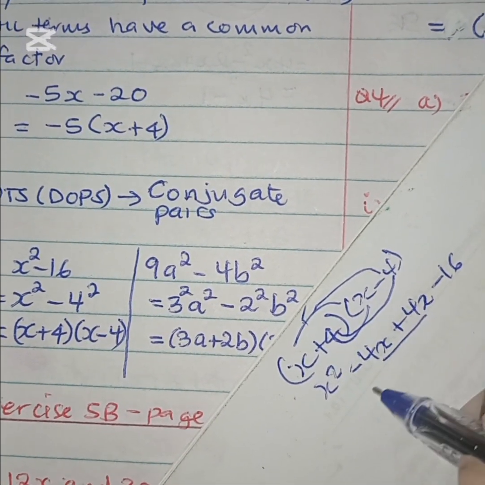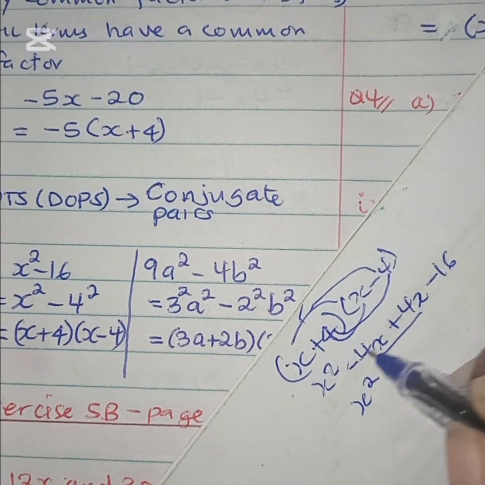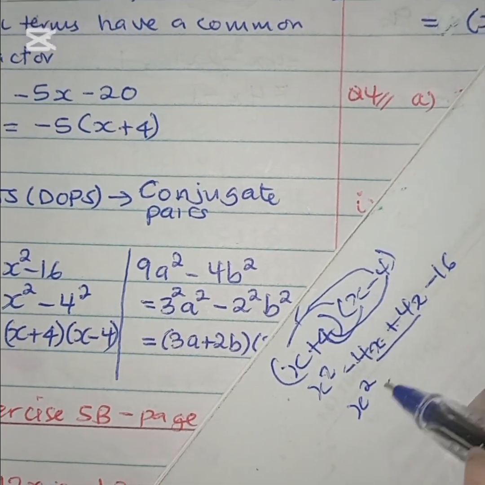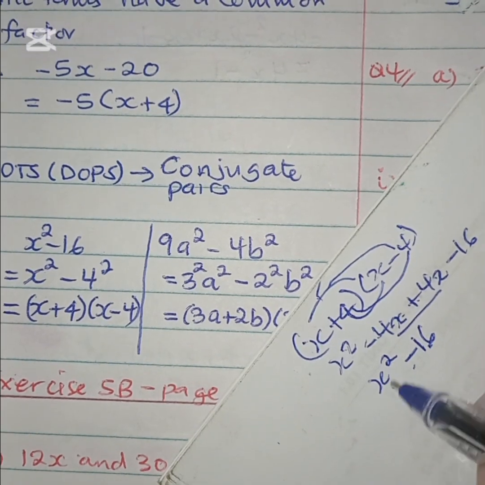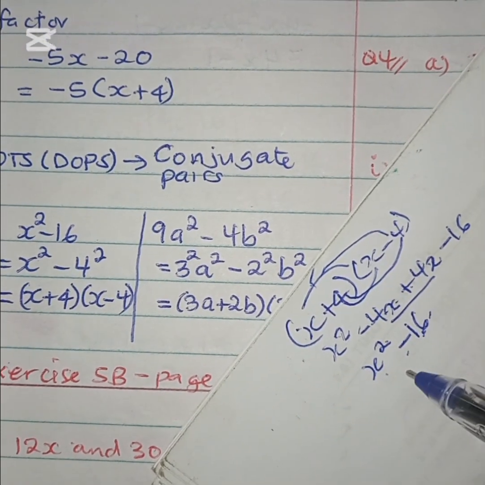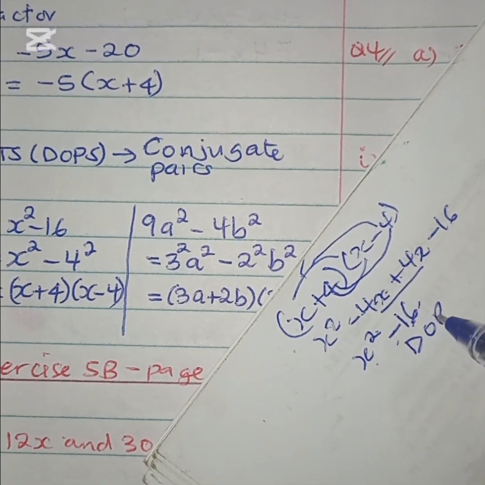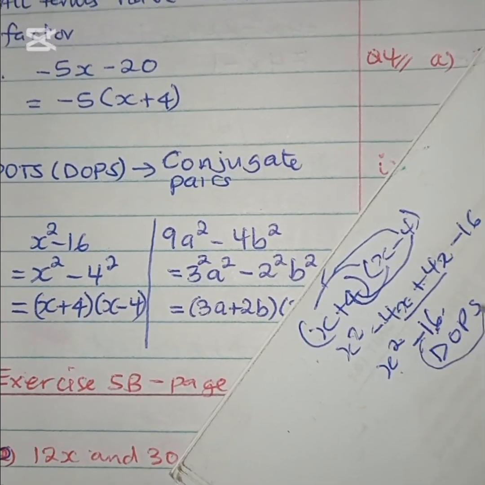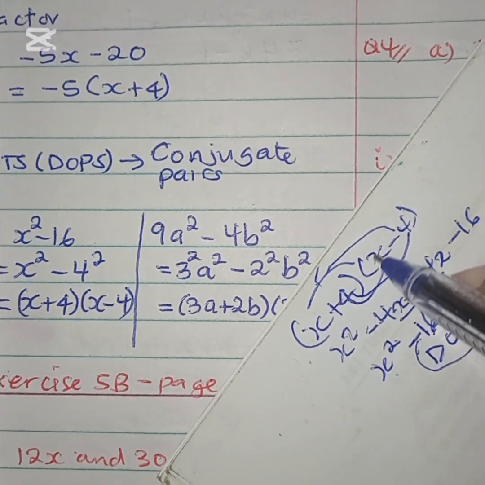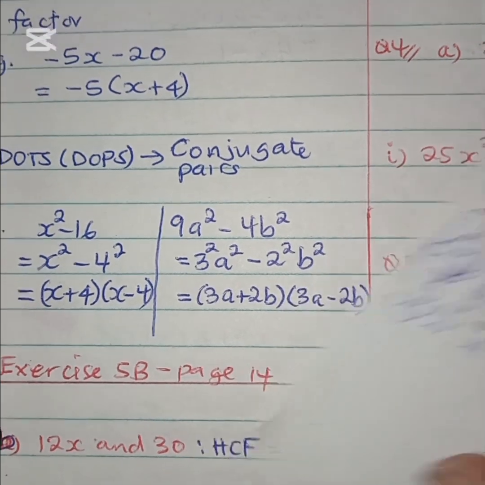Collecting like terms here, negative 4x plus 4x gives 0, and we are left with x squared minus 16. x squared is a square number, 16 is also a square number, so this is a difference of perfect squares. So when we factorize it, we are going to get conjugate pairs like this.